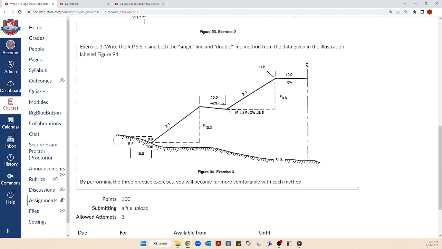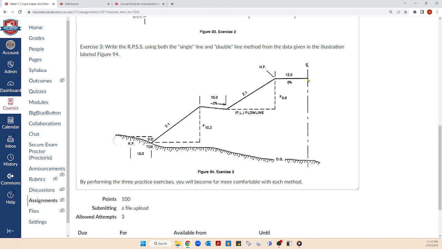And then fill 9.6 at 2 to 1, which is the same. 9.6 times 2 equals 19.2, which is the same as fill 9.6 in 19.2. Right here, 19.2. And then level at 12. See, that's level at 0%.